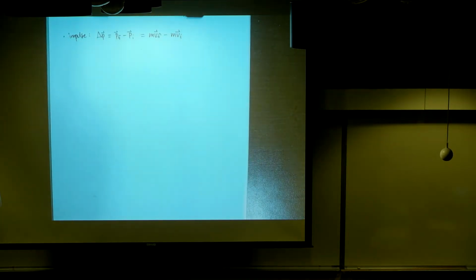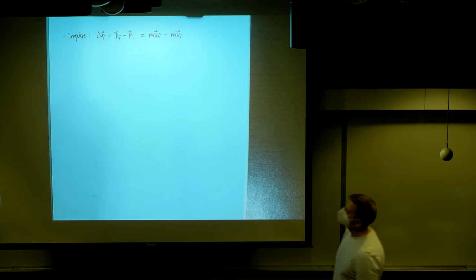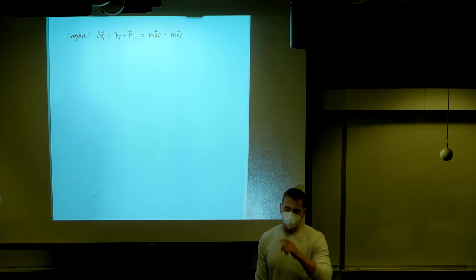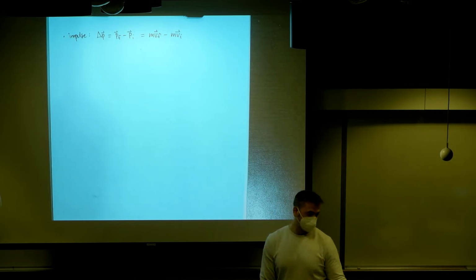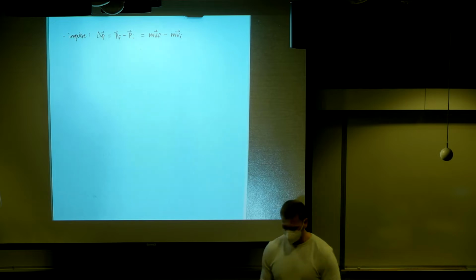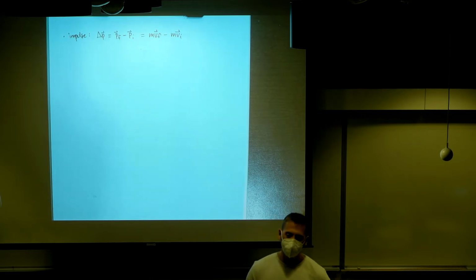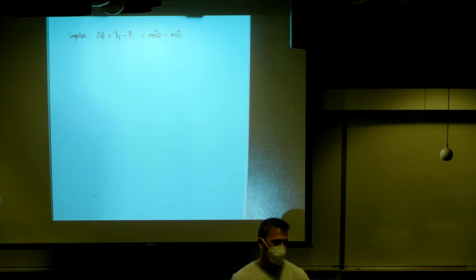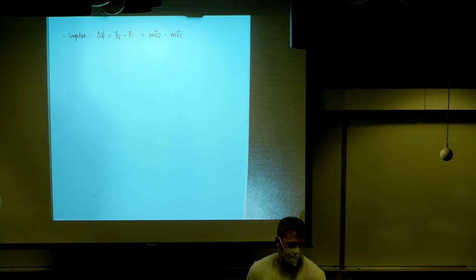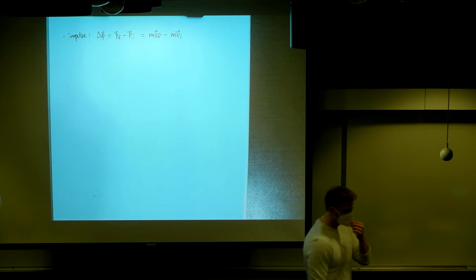It's really important when we subtract m V final minus m V initial that we account for the fact that we're dealing with vectors, okay? So let's think back. Whenever we add or subtract vectors, we break each one up into components, and then we can go through with the addition or the subtraction. So the first thing we want to do is express each vector in terms of the components.